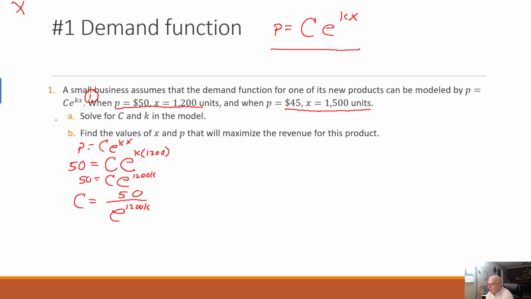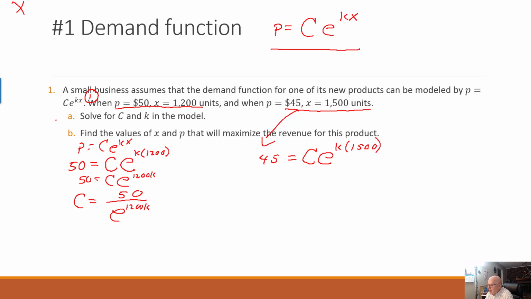We'll go to the second ordered pair now. This one gives us 45 for the price equals C, we still don't know. E is a constant. And this time we have k times the 1,500 units.